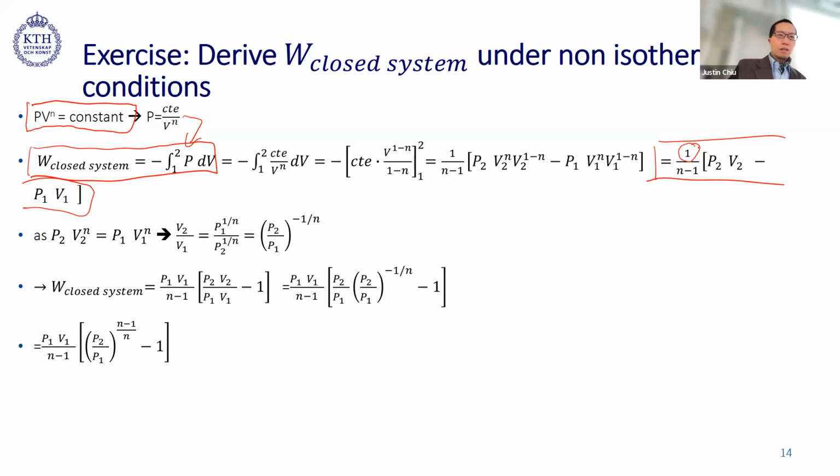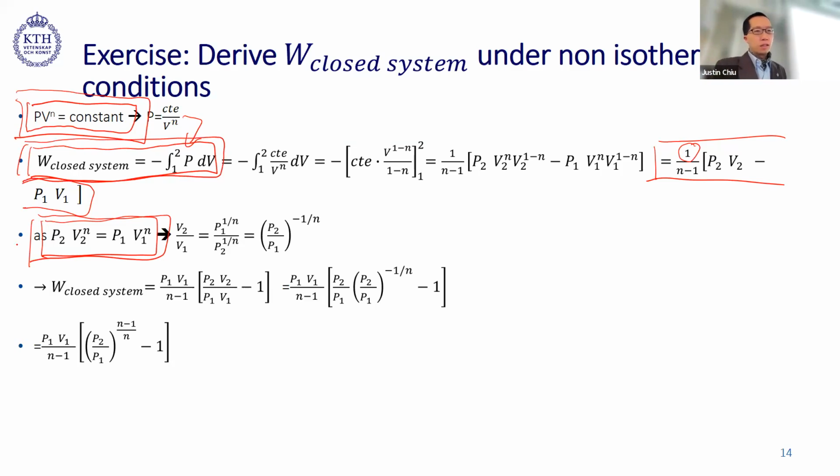And then since this is always true, the ones I'm putting double brackets are always true. This one is always true too, right? So by knowing this P2 V2 to the power of n equals P1 V1 to the power of n, we can get rid of one unknown. And that's how we get to this final equation for a closed system.